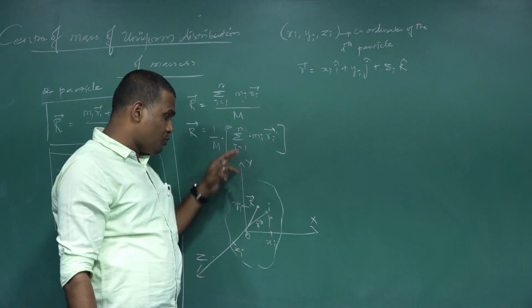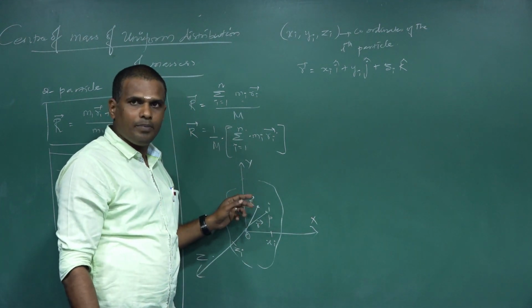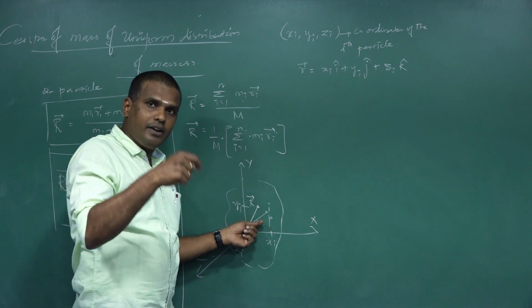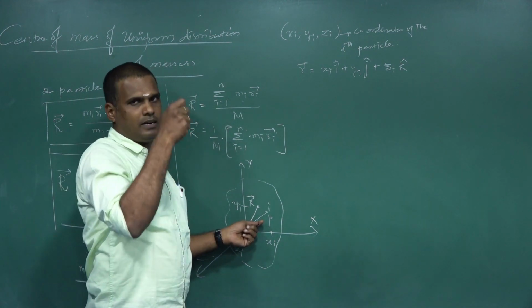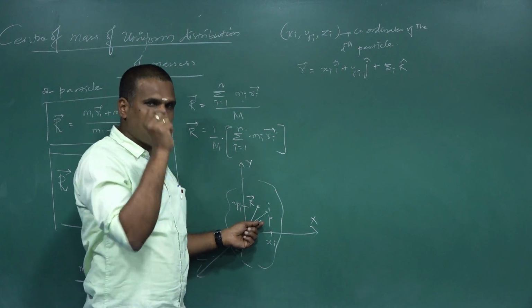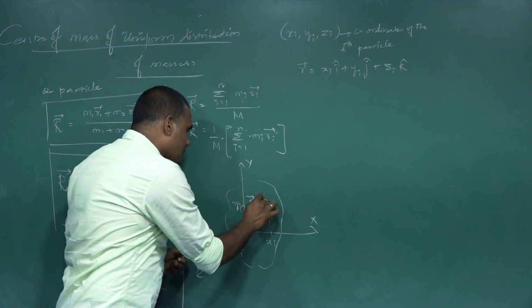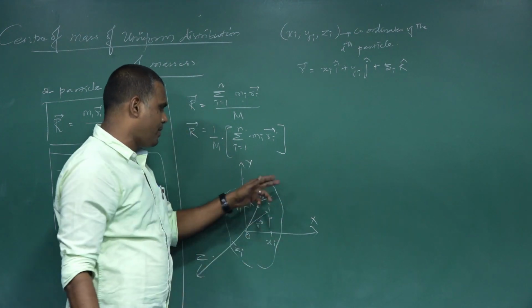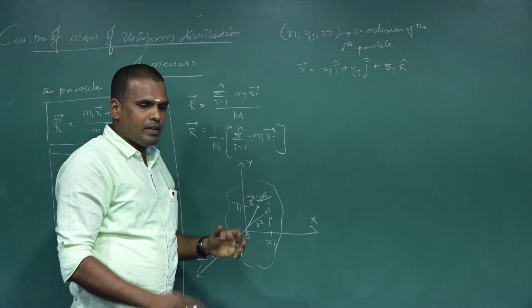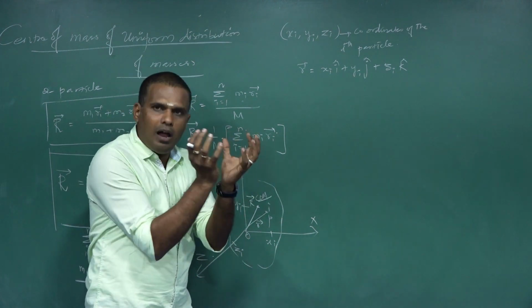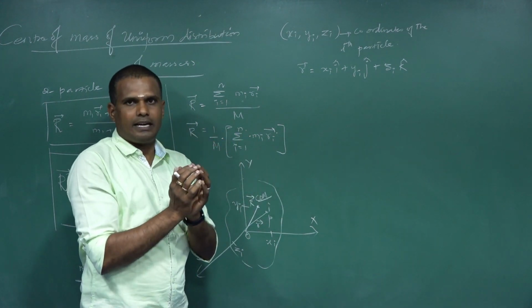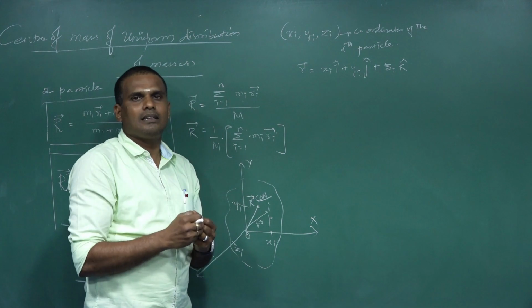What is the difference between small r vector and capital R vector here? Small r vector denotes the position vector of the ith particle, an individual particle at a particular point P. Capital R vector denotes the position vector of the center of mass. COM here stands for center of mass. If a ball is taken, if an iron ball is taken, its center of mass lies exactly at the center.